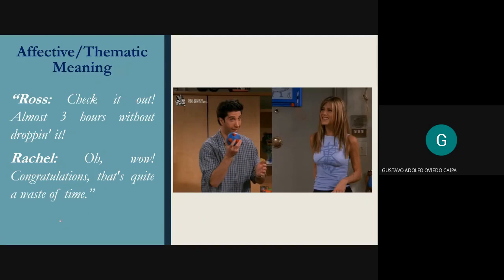Okay, so the other one will be affective, and other examples of affective and thematic meaning. First of all, Ross says, "Check it out, almost 3 hours without dropping it." Check something interesting about this way of speaking. First of all, it doesn't have a subject. You see that this exchange doesn't have a subject? "Almost 3 hours without dropping it."